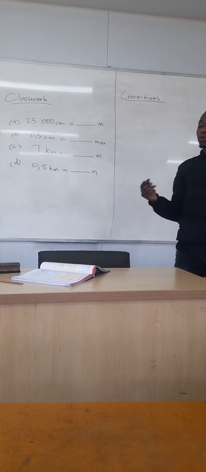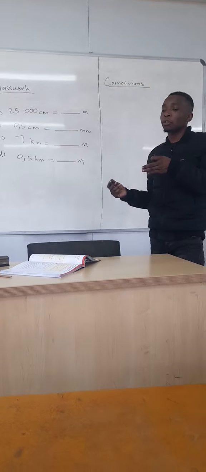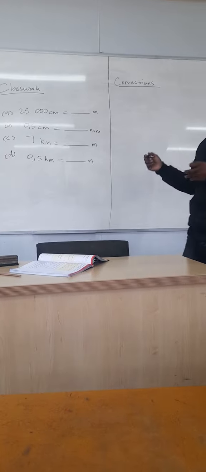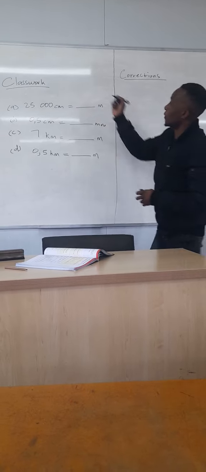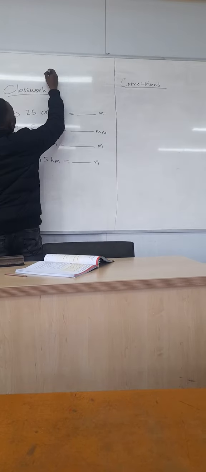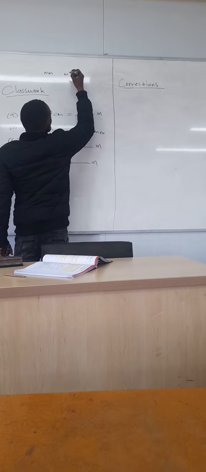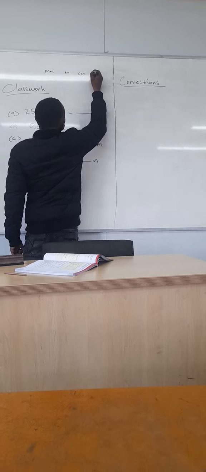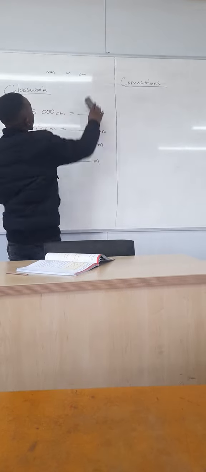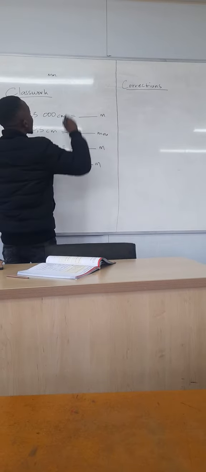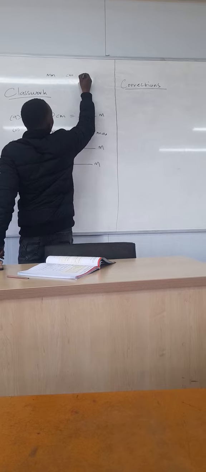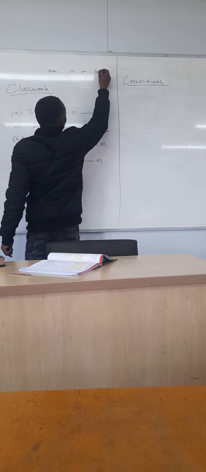So it depends on you whether you want to use the first method or the second method. So let us use the first method. I've given you this diagram. Millimeters, meter, centimeter. No, I'm making a mistake. So it's going to be millimeter, centimeter, meter, and kilometer.